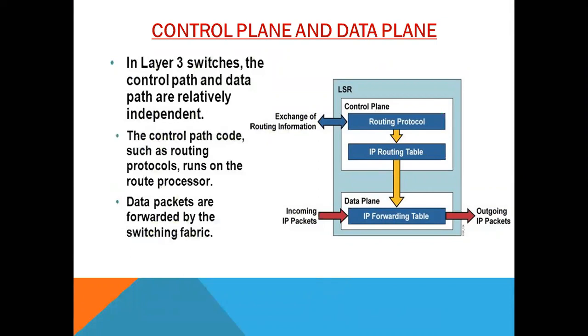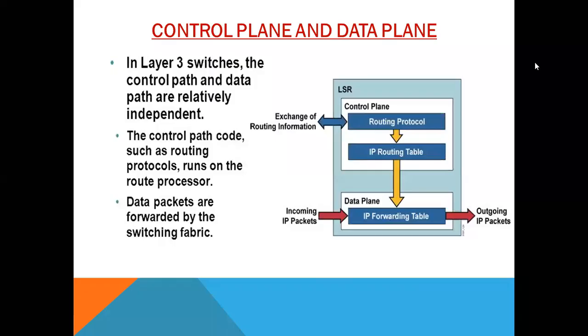In the control plane, it's more like software information, which builds a routing table called the routing information base. Based on that, CEF copies the routing information base into the data plane. The data plane has two tables: the forwarding information base, the FIB, which is the copy of the routing table, and the adjacency table.